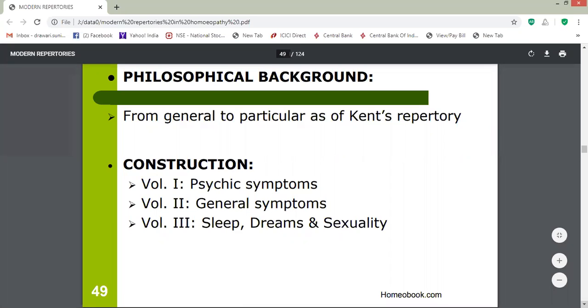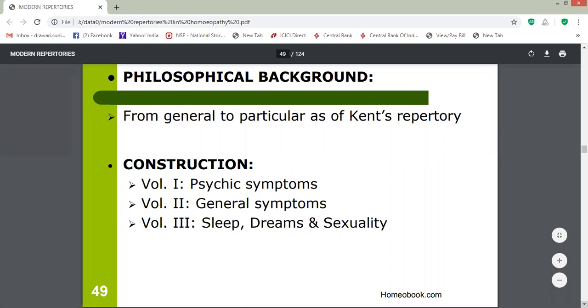And in the third volume, actually, there are 2 chapters. As it was given as sleep, dream, and sexuality, but actually this third volume contains only 2 chapters, sleep and sex, demarcated by 3 groves, that is sleep, sex male, and sex female.